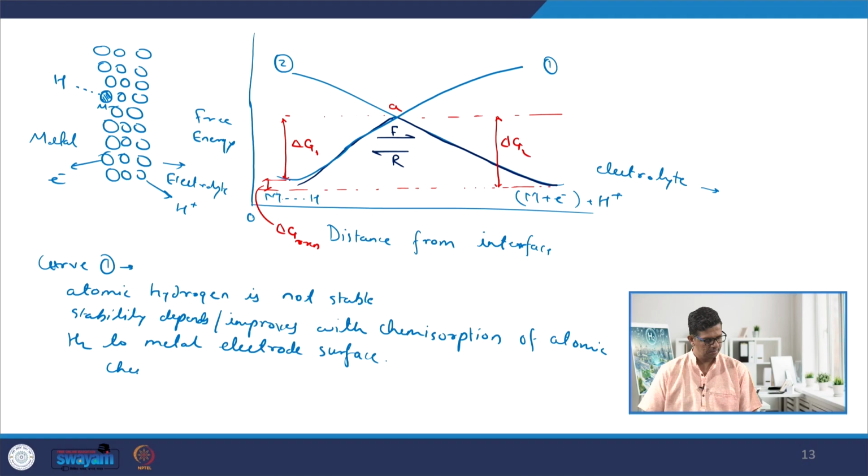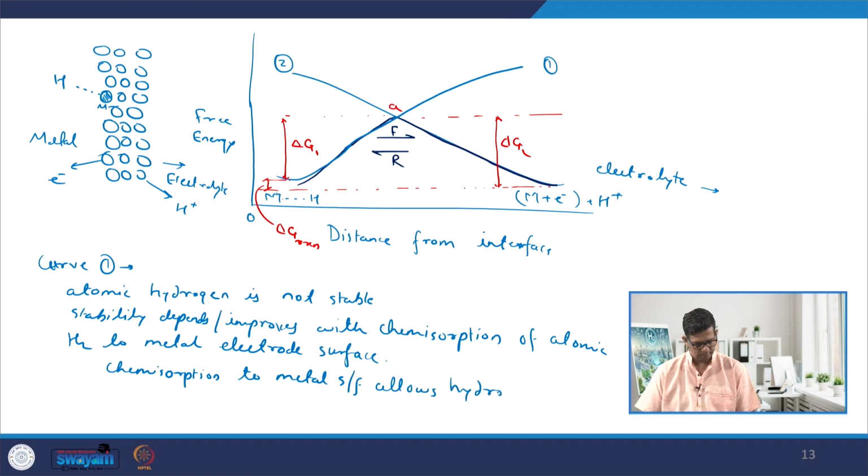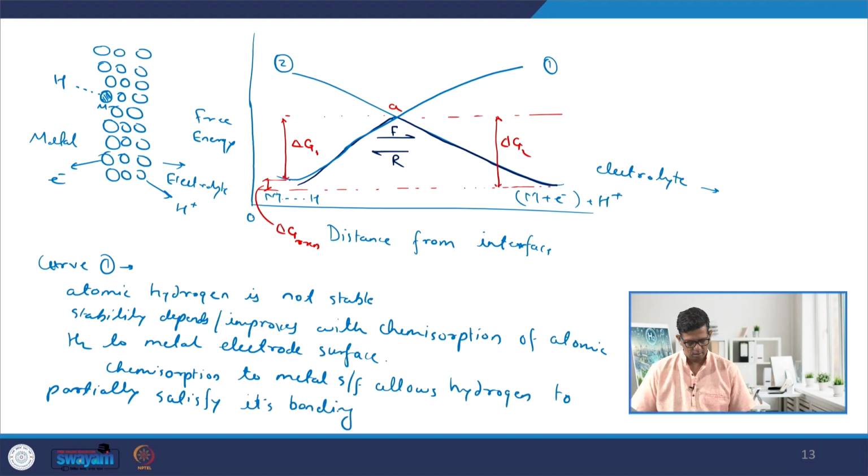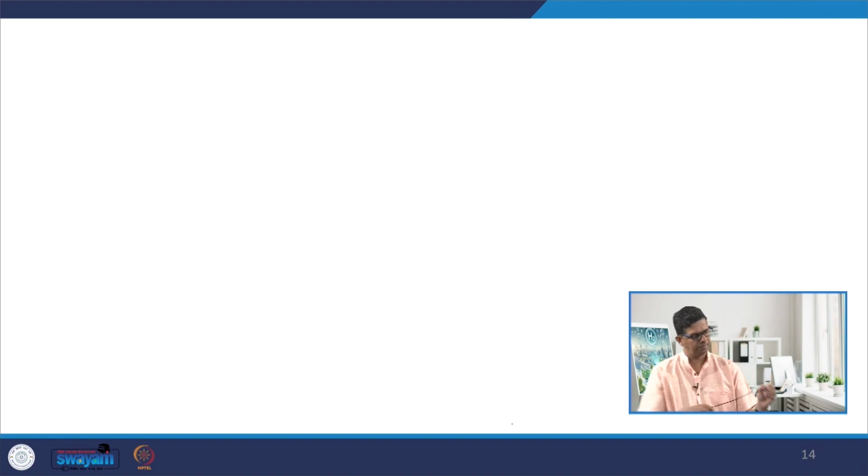So, this chemisorption to the metal surface allows hydrogen to partially satisfy its bonding requirements and therefore lowers its free energy.